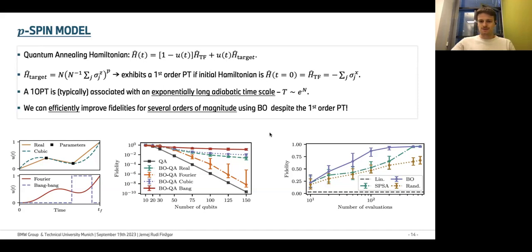But in this intermediate frame of the number of evaluations that one has at one's disposal, it makes a lot of sense to use Bayesian optimization compared to, for example, standard optimizers such as SPSA, which might converge better at the end, but might take a longer time to get to that particular point.